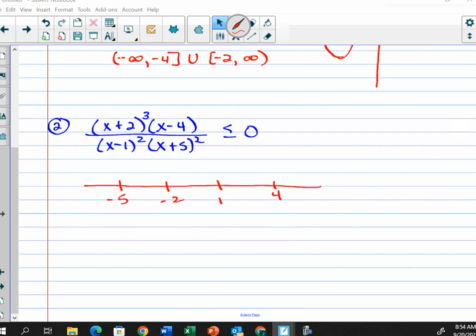Do we have to worry about the domain restrictions for the 0? Good question.